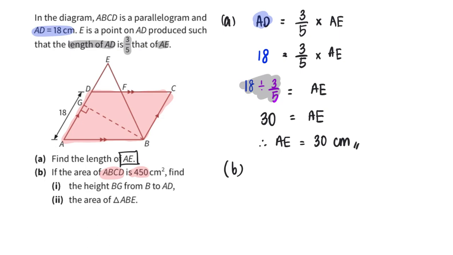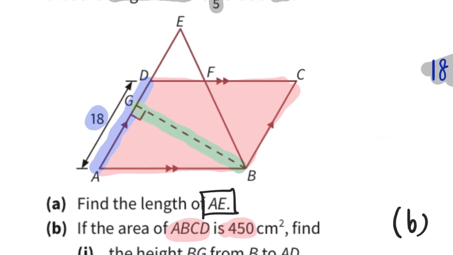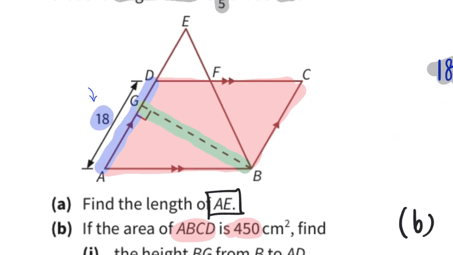And do take note that if I'm going to use 18 as my base, then BG, which is perpendicular to AD, will be my height. So let me focus here. If I'm going to use this as my base, then this will be my height.